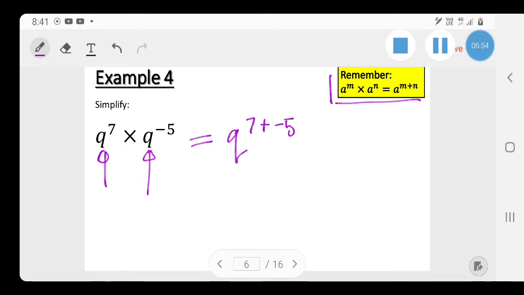Now, plus minus, we know from previous studies that a plus and a minus next to each other means a minus. So, q to the power of whatever 7 minus 5 is, which is q squared. And once again, if you can do this second step in your head, that's absolutely fine to go from here to here.